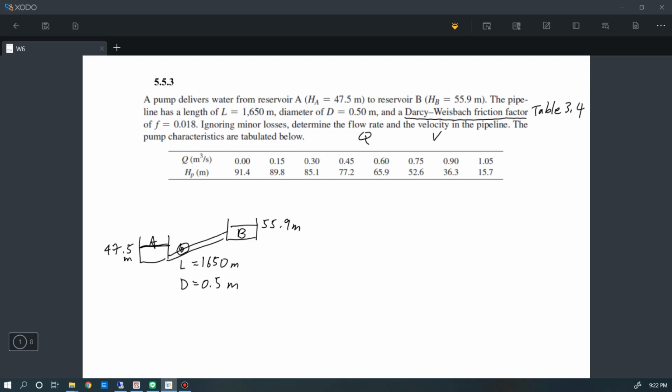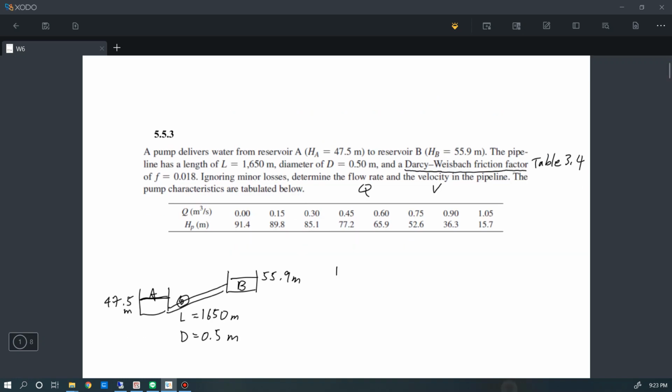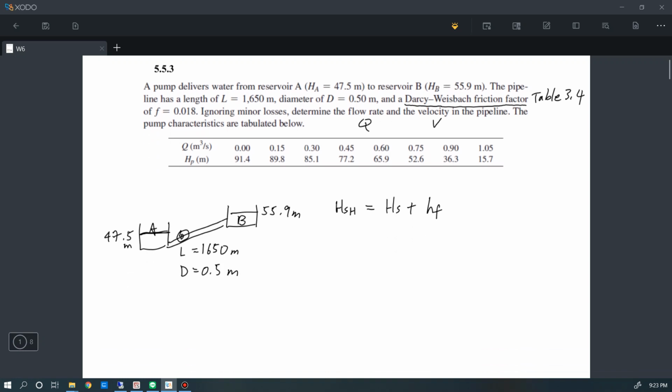So the total energy that we need to transfer the water from A to B, we denote it as H_sys, which is equal to the elevation difference between reservoir A and reservoir B plus the friction head loss in this pipeline. For the friction head loss, we are using the equation that I show here, because the problem already tells us that we need to use this method to calculate the friction head loss.